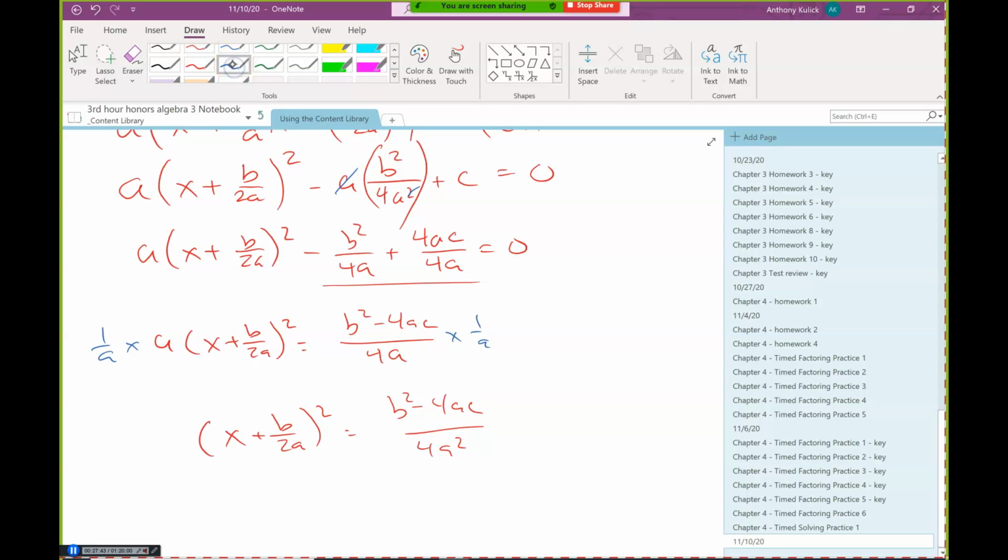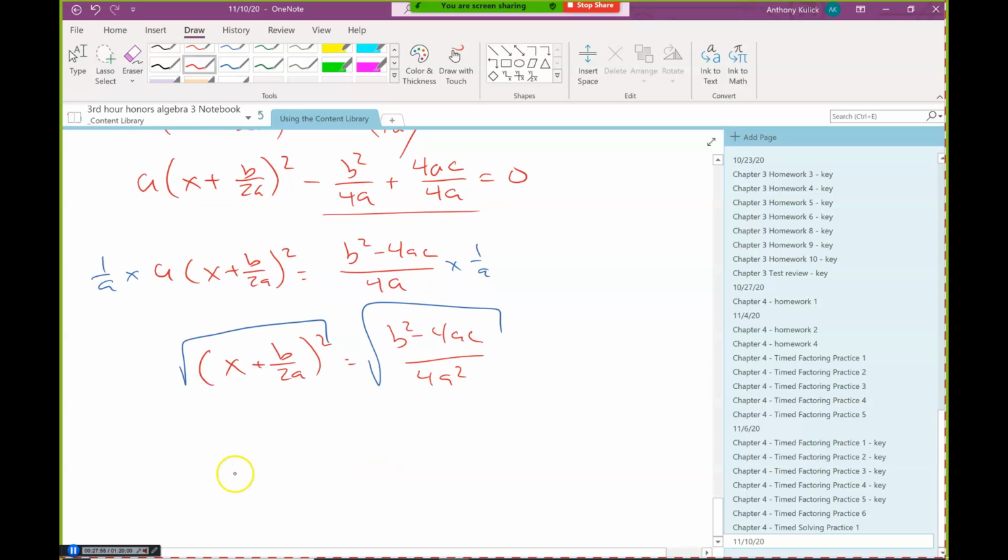Next, we just need to square root both sides. Because we square root both sides of an equation, it creates a plus or minus. And because we're square rooting a fraction, I can think of it as the square root of the numerator over the square root of the denominator. Now the numerator can't be simplified anymore because I have a square root of an addition or subtraction problem, right?